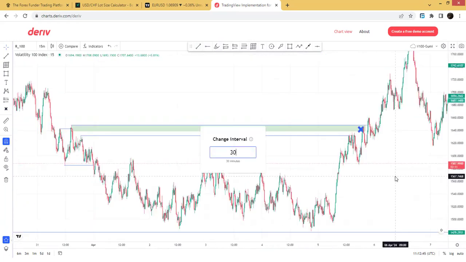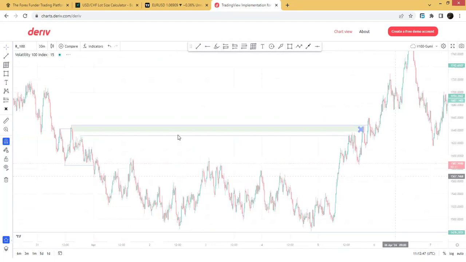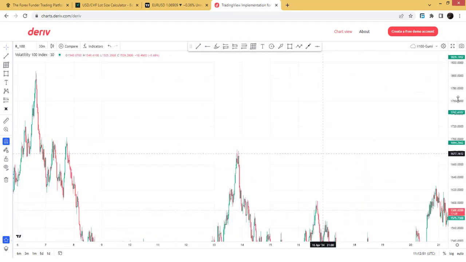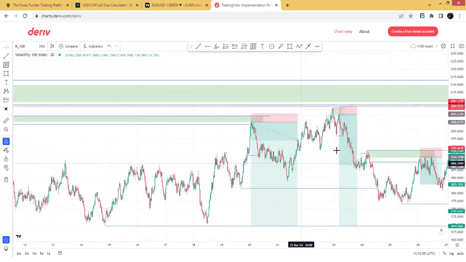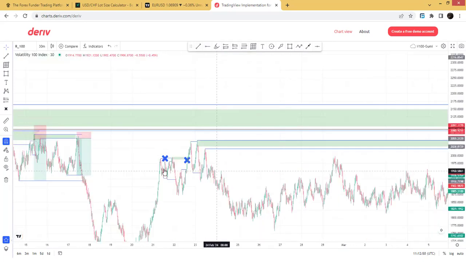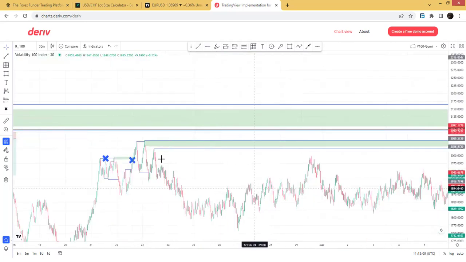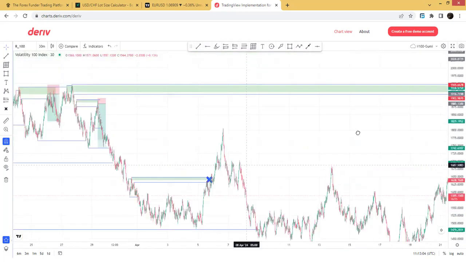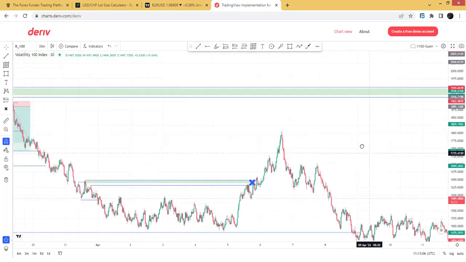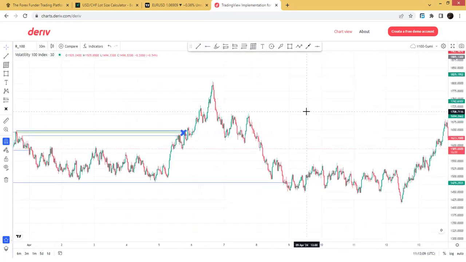Let's go back to the 30 minutes time frame. Remember the losses that I marked out before? I think there were 2 of them. These levels, right? This and this. We marked them both. Okay. And this is the third one. So again, on the 30 minutes time frame, we want to see the same thing happen.